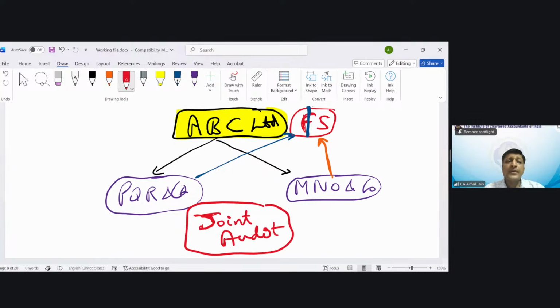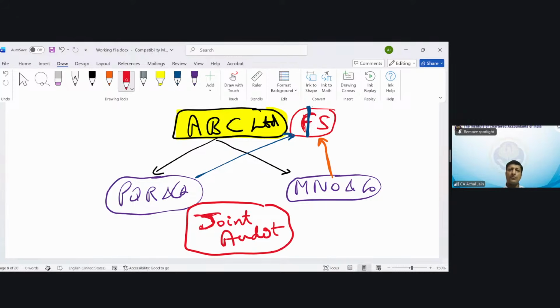Now, on top of it, what has happened? ABC is now required to coordinate with another auditor for the same set of financial statements. So even though their scopes are defined, it's still one thing which has to come out.